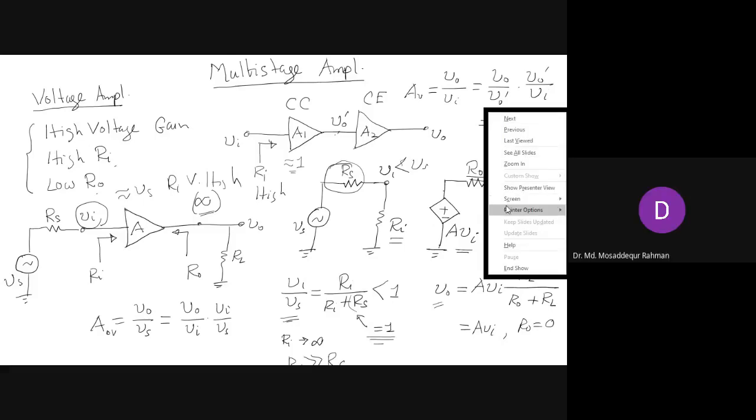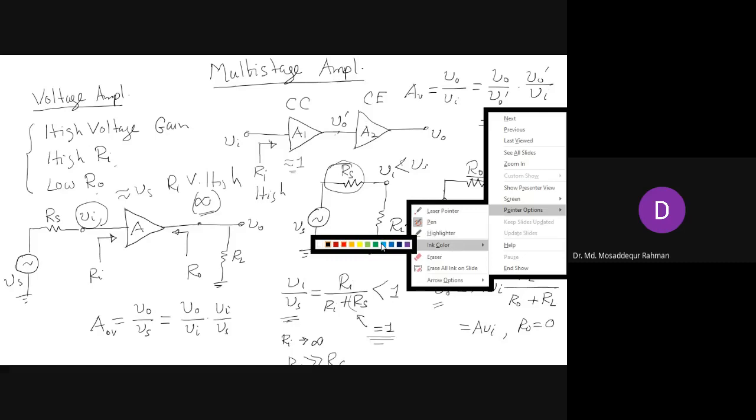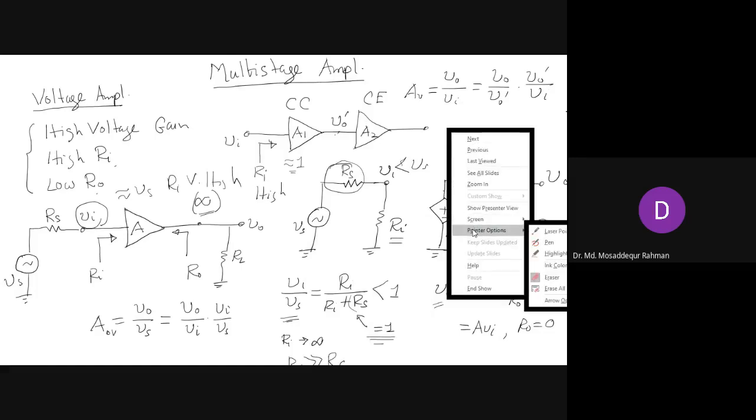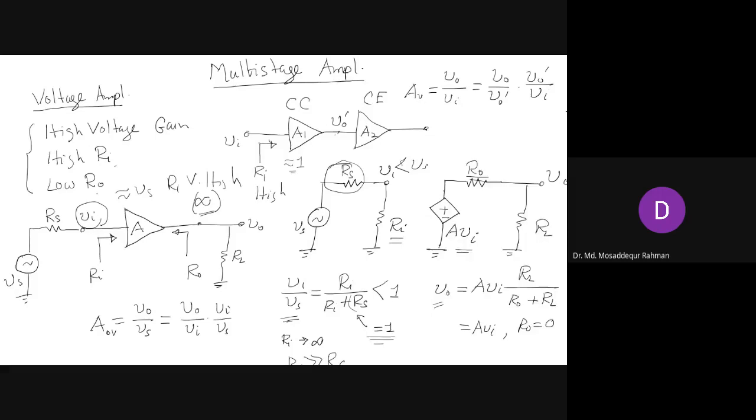Exactly, common collector has the low output resistance. Only common collector has the low output resistance, so we can add another one here.